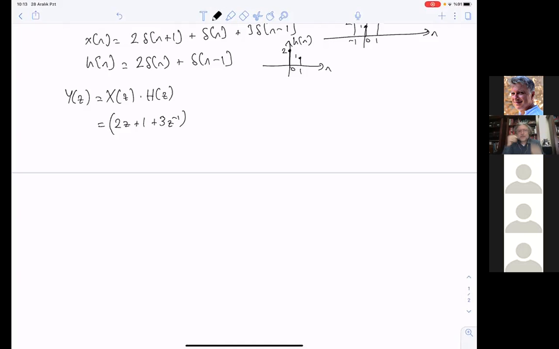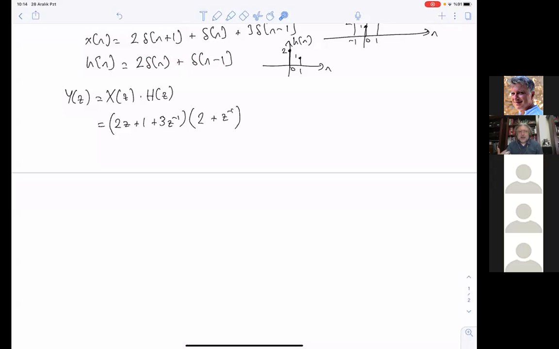Then the value at 0 is 1, and at 1 the value is 3, which makes 3z to the minus 1. H of z is 2 plus z to the minus 1, the z transform of this expression.